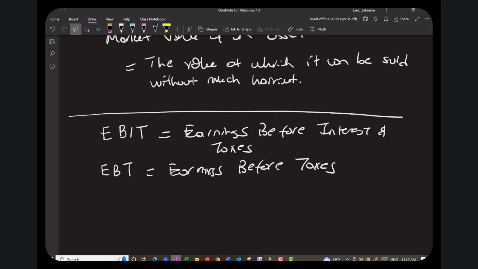It should be kind of obvious that EBT is EBIT minus interest expense.